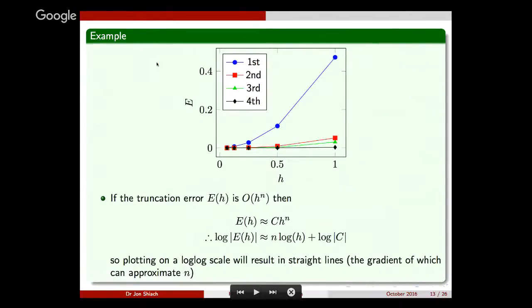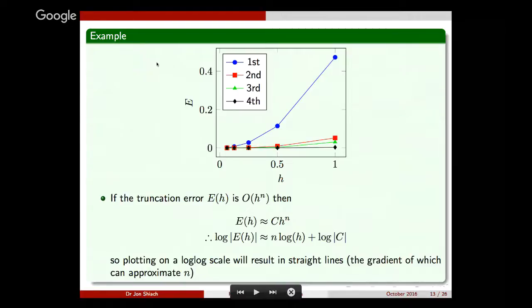Here we have a graph. This is h, so that's the one we started on. We started with h equals 1, then we halved h, and halved again, and again, and again. So we're reducing h each time. On the vertical axis, I've got error. The blue line represents our first order.